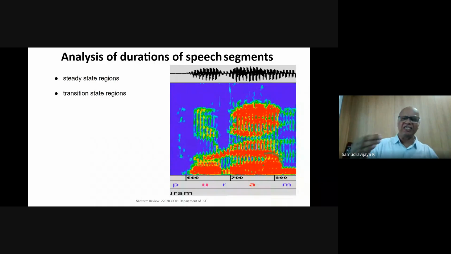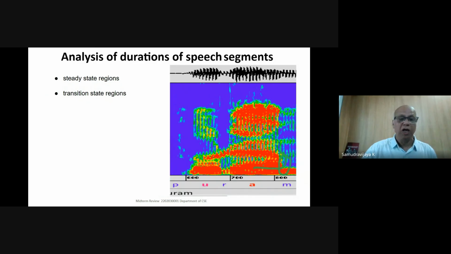So there are changes even within the vowel. Why does it decrease? Because at this phase, the A is changing to Ma. So this is a transition. Our articulatory system was speaking A up to here, and from here onwards it should make a transition to the sound M.